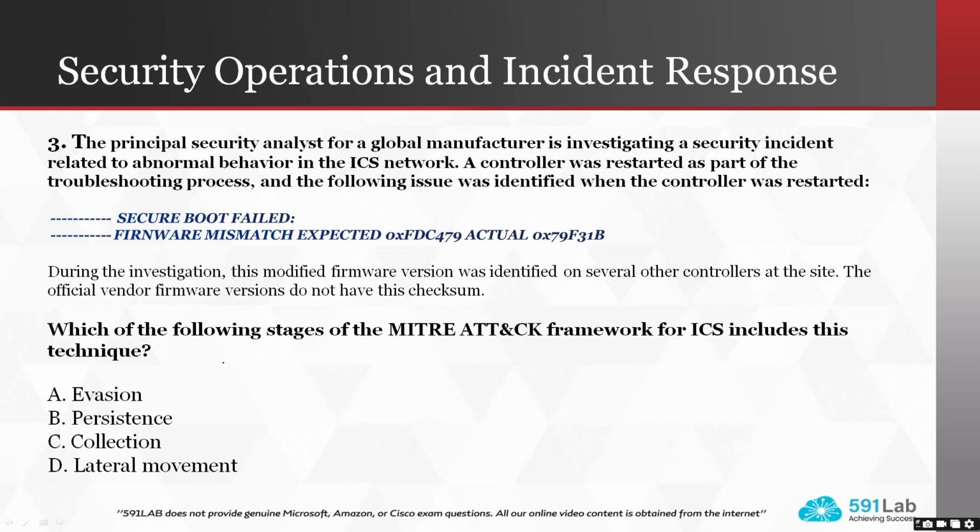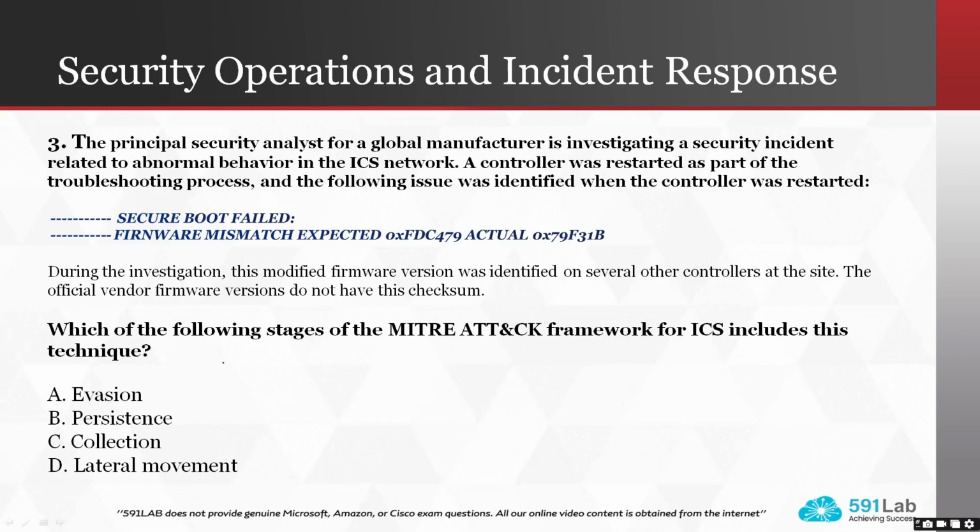When the controller was restarted, secure boot failed, with a firmware mismatch. During this investigation, this modified firmware version was identified on several other controllers at the site. The official vendor firmware version does not have this checksum.